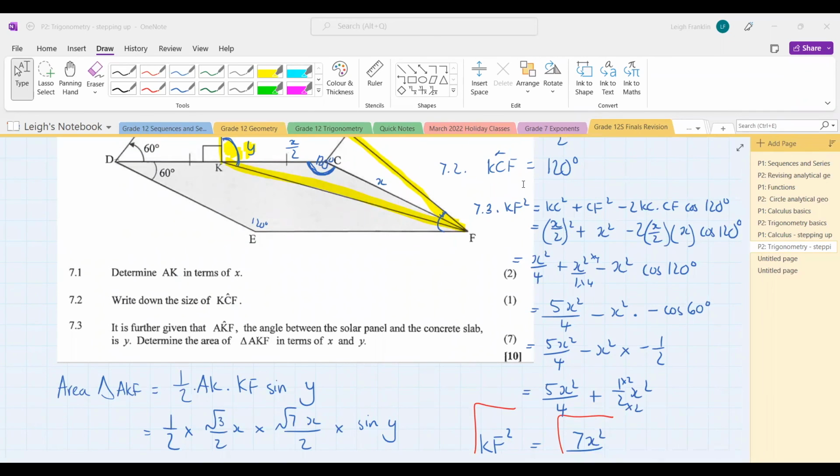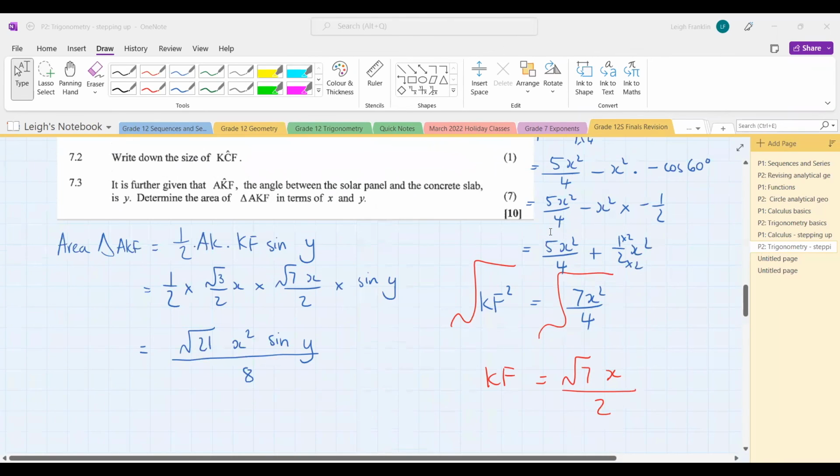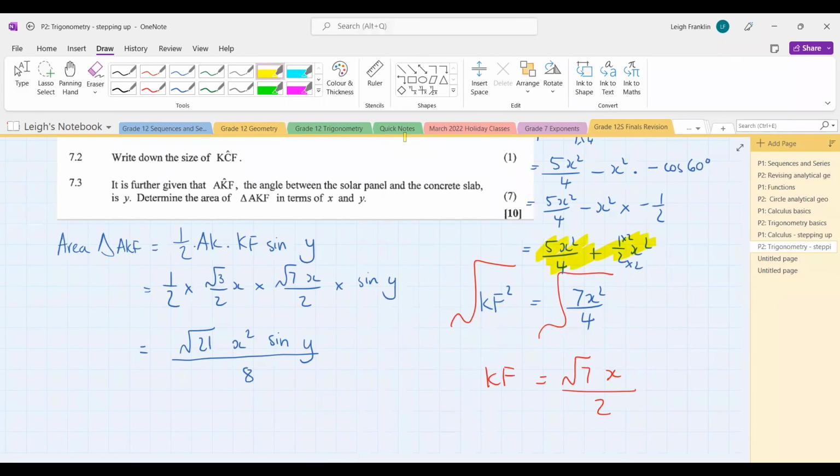Ma'am? Yes. You lost me when you said 5x squared over 4. Okay, so did I lose you when I got to this line over here, where I'm highlighting in yellow? Yes. Okay, so here I'm adding 2 fractions together, Kulani, but they've got different denominators. So I multiplied this 2 over here with 2 so I could get 4.